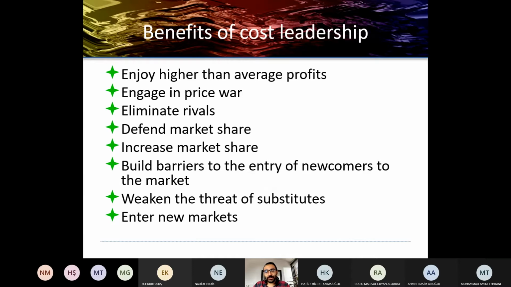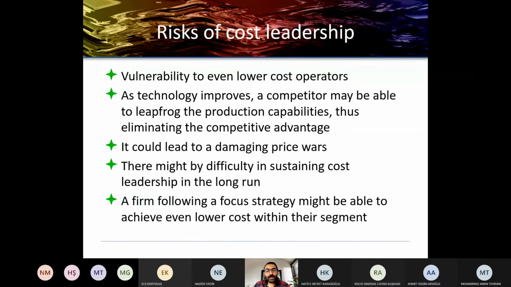Okay. Actually, we talked about the benefits of cost leadership. Enjoy higher average profits, and so on. You can defend your market share, build market share. However, there are some risks, right? Because engaging in cost wars and price cutting wars eventually would have a bad impact on you. Consider BIM and A101.